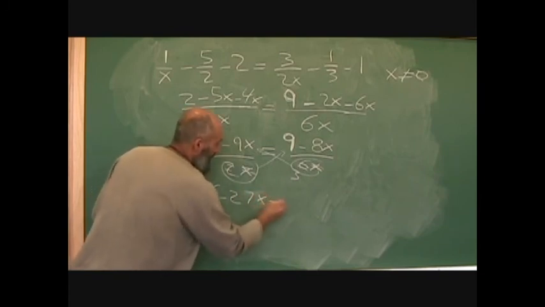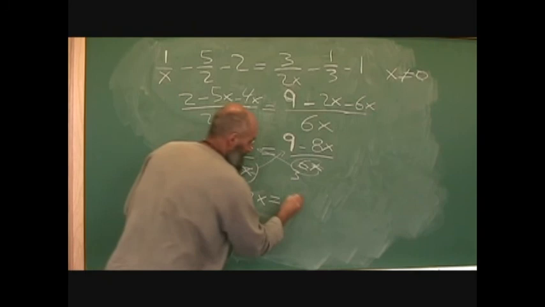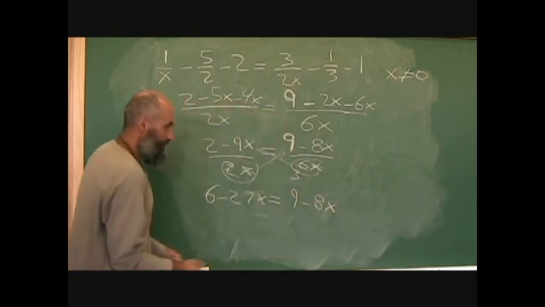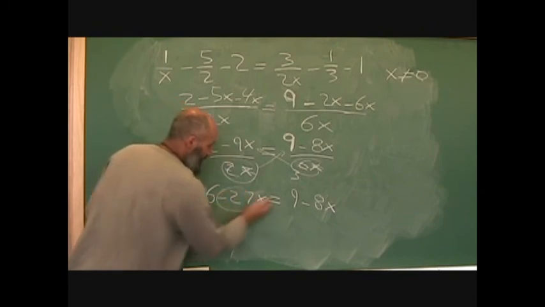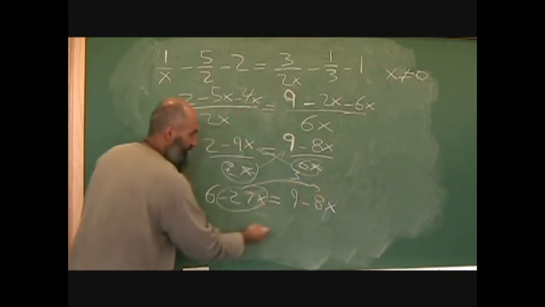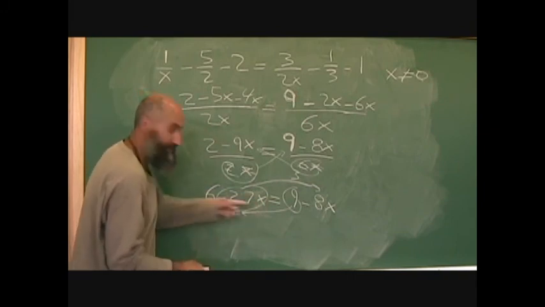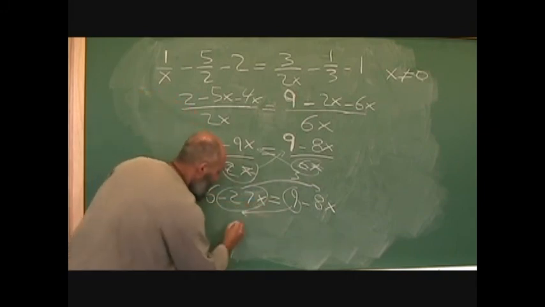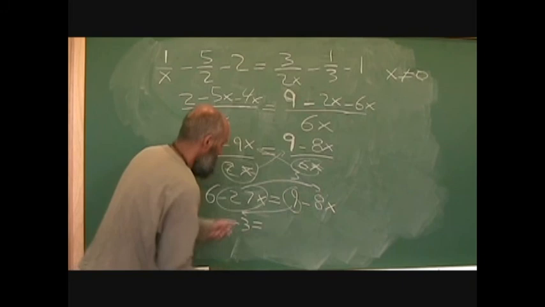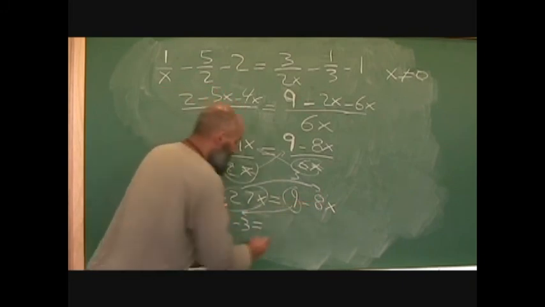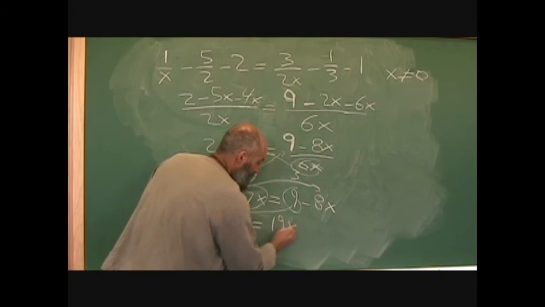27x is equal to, it's just 9 minus 8x. So you bring your terms over, so this guy comes over, becomes plus 27x, that guy goes over, it becomes minus 9, right? So 6 minus 9 is going to be negative 3. Negative 8x plus 27x is going to be 19x.